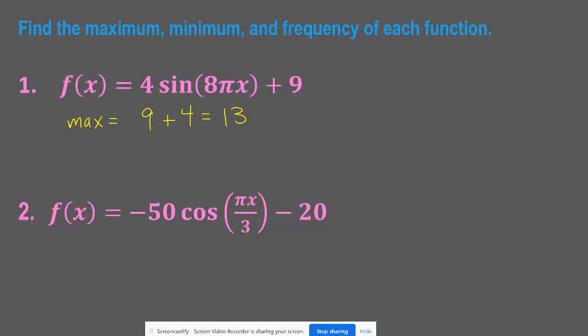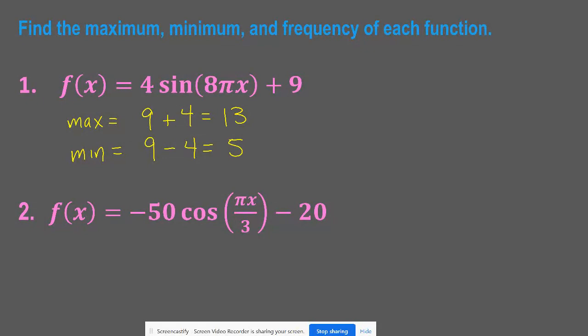That would have a maximum at 13. The minimum, we're going to take the same 2 numbers, but this time we're going to subtract. We're going to take the vertical shift of 9 minus the amplitude, which is 4, and we're going to get 5. So the graph of this would go up to 13, down to 5, up to 13, down to 5.